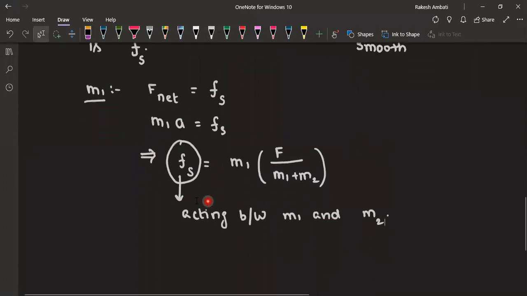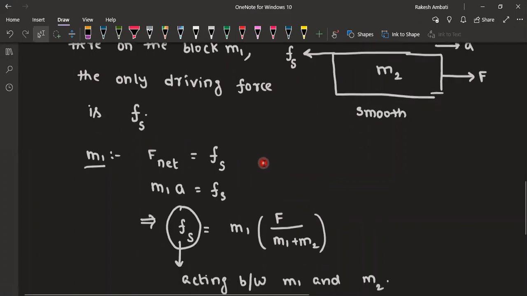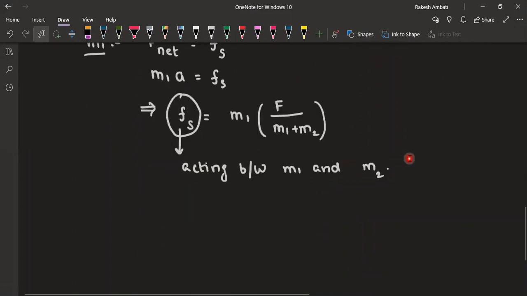Is it clear up to now, all the points? If you have any doubt, let me know. Now, here we got the Fs value by using this equation.